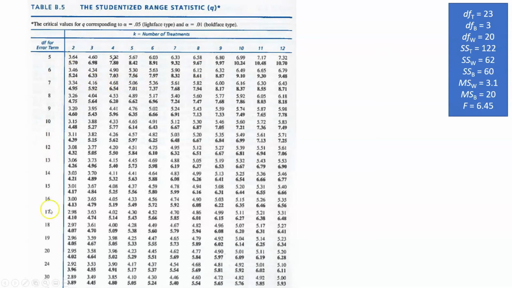So we follow this down here to DFW 20, 4 conditions, and these are the 2 values that we could possibly use as Q. But in order to decide which one, we have to use either the light face if our alpha is 0.05, or the bold face if our alpha is 0.01. In this situation, if you remember back, we used an alpha of 0.01, so we should use our Q value with the same alpha, and this right here is the Q that we put into that formula.